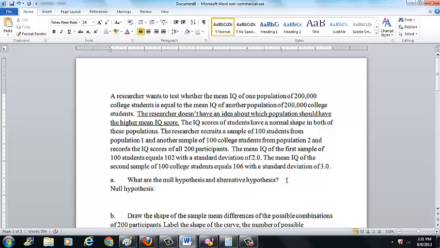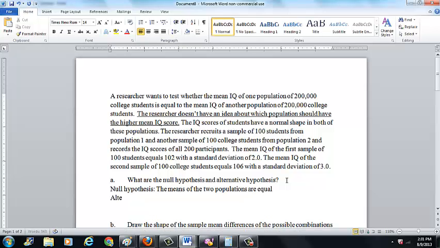The null hypothesis says that the means of the two populations are equal. The alternative says, this time, that the means of the two populations are different, because the researcher didn't have an idea about which population would have the higher mean.